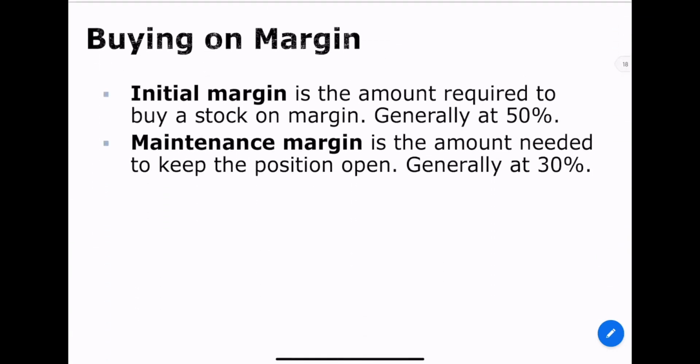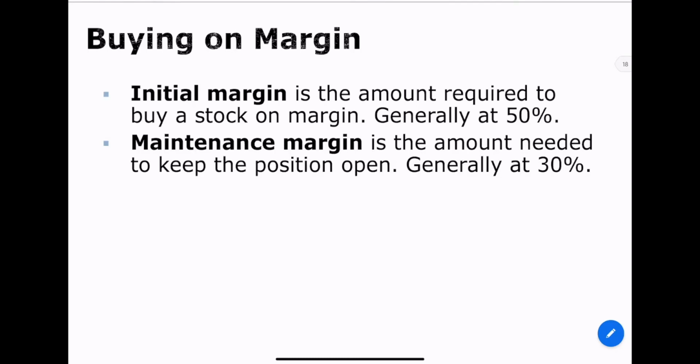There are two types of margins to talk about. The first is initial margin. It means when you initially make your purchase, what is the margin requirement? Generally, the percentage requirement is 50%. What does this mean?